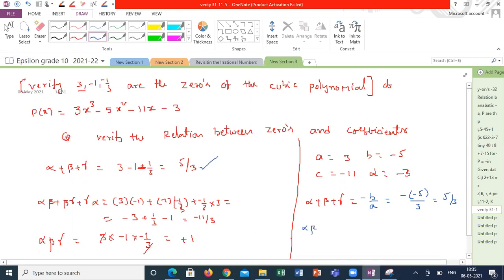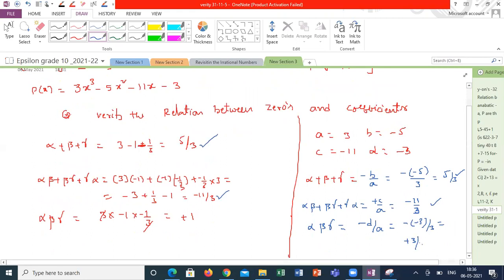Sum of 2 at a time: alpha beta plus beta gamma plus gamma alpha is C by A, minus 11 by 3. Alpha beta gamma is minus D by A, so minus of minus 3 by 3, that will be equal to plus 3 by 3. So answer is 1. Hope you are clear.